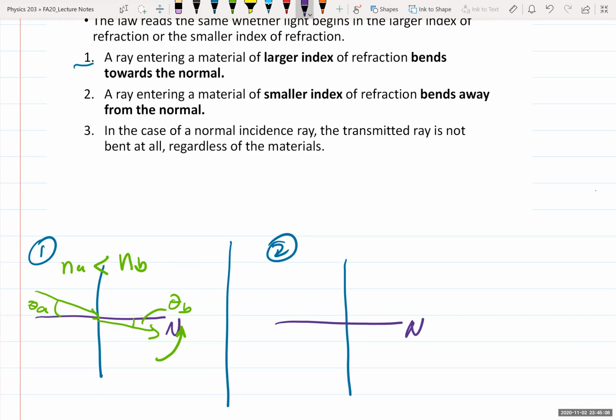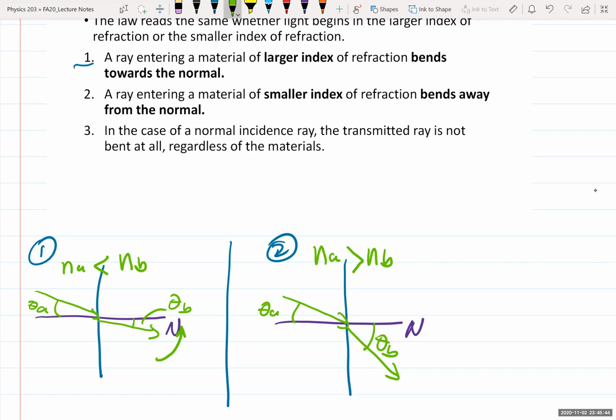I have my ray coming in. This is theta sub A. And now theta sub B is going to look like this. So here we have NA greater than NB. So you're going from a higher index of refraction to a lower index of refraction, and the ray will bend away from the normal.